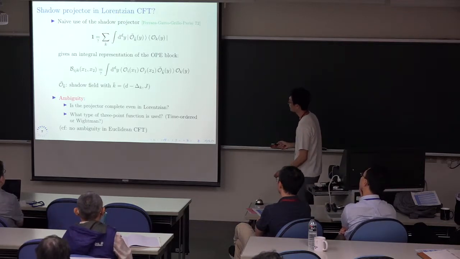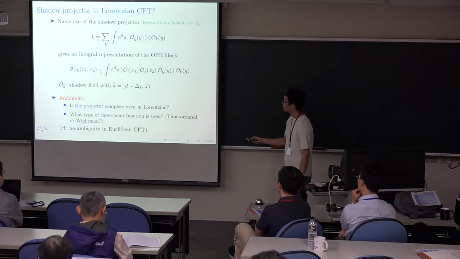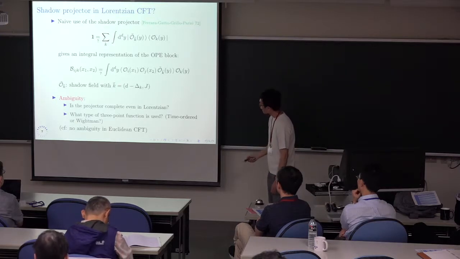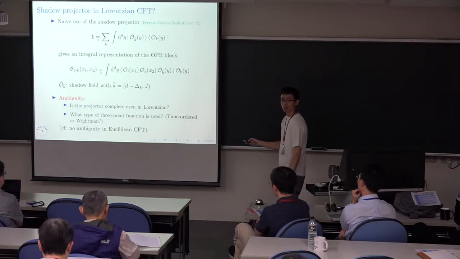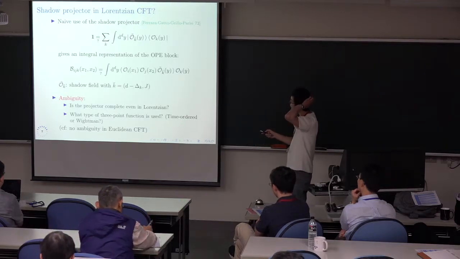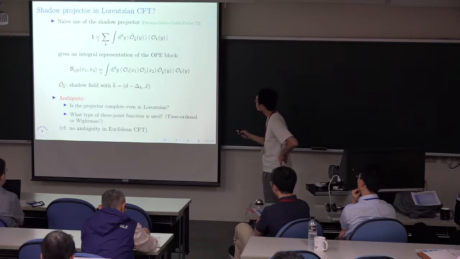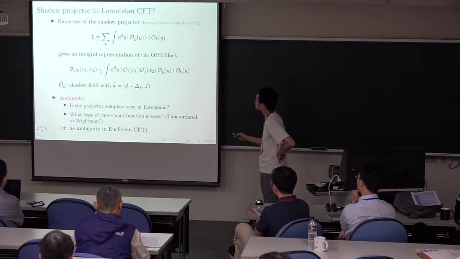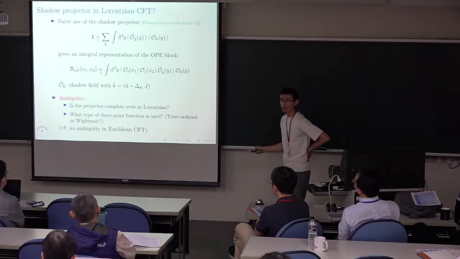But as Henry already pointed out, it's not clear what kind of three-point function you have here, because in the Lorentzian case there are several types of three-point functions, such as Feynman or time ordered. So in this derivation, it's not clear what the correct three-point function is that you should use here. And it's also not clear whether this projector is complete in Lorentzian.